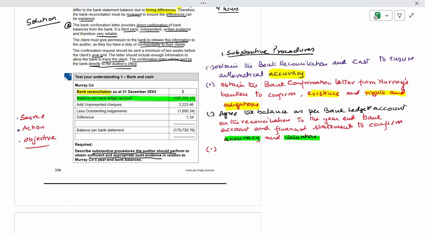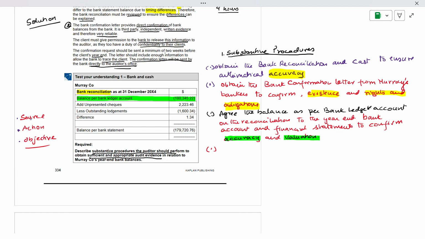That is the reason why it is difficult, and why students feel it is very challenging. First, when you go to the auditor, you will get the bank reconciliation and do the casting. Then you will ask for the confirmation.